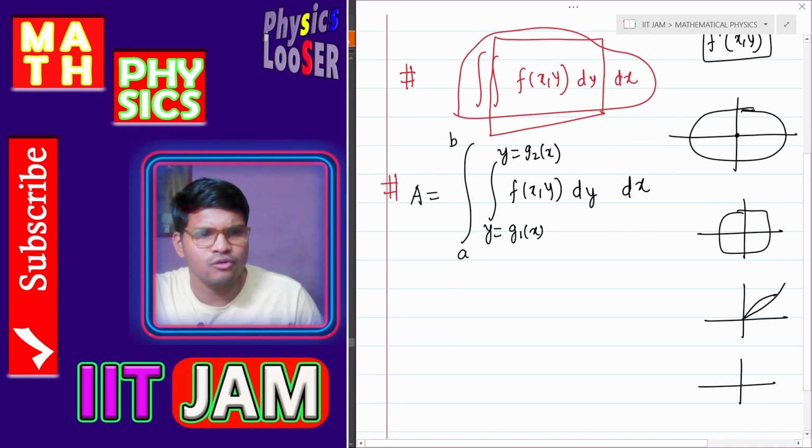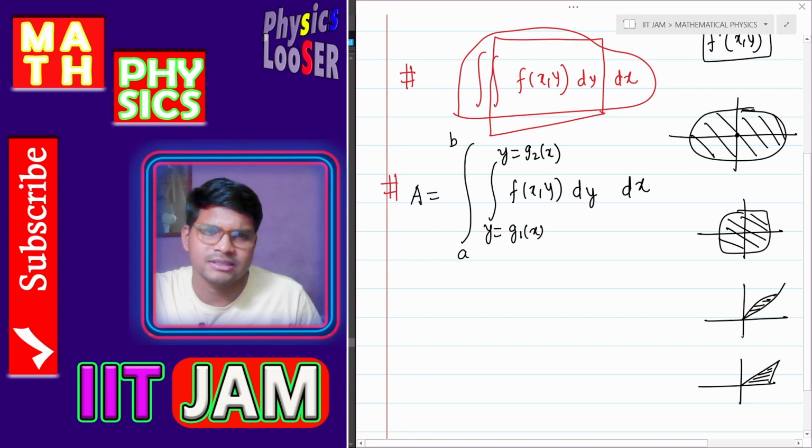Whenever we try to find these types of areas, we have to use the multiple integral concept like this. If you have a function defining the region, then where you do the first integral, its limit depends on the other variable.